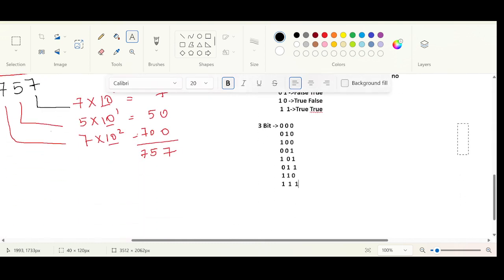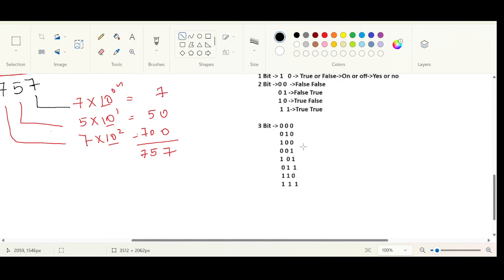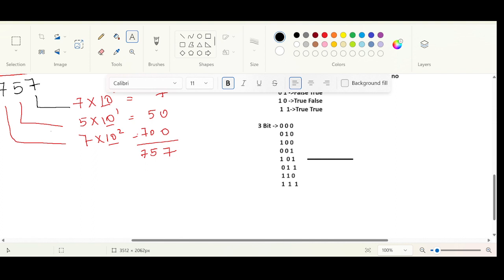Likewise, it keeps going, isn't it? And at one point of time, they came to the conclusion that the combination of 8 bits is going to be 1 byte.